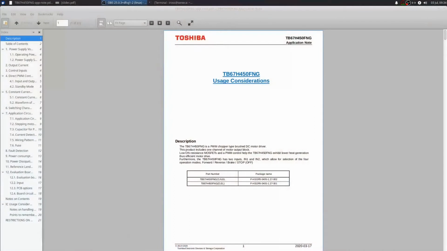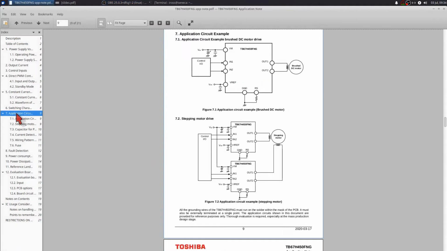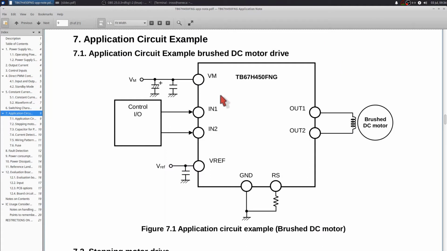So let's get started by going and looking at the application note for this Toshiba motor driver that we're going to use. So this thing, like most of these things, has an application circuit in it, and gives you a pretty good idea of what you need to do.